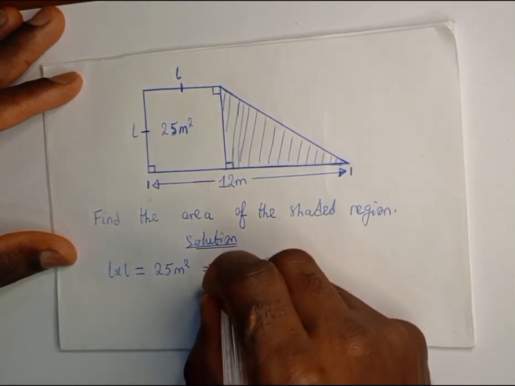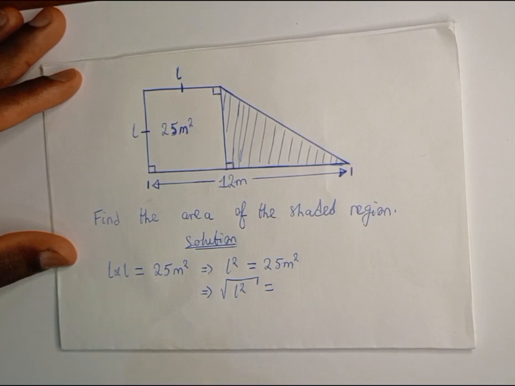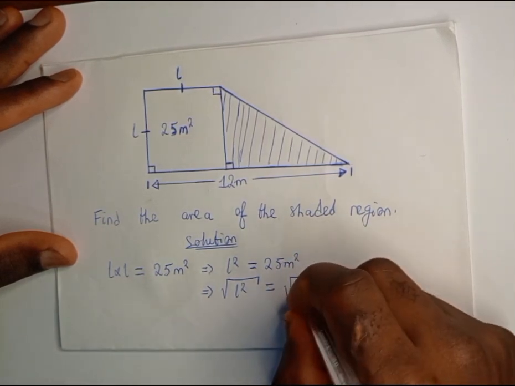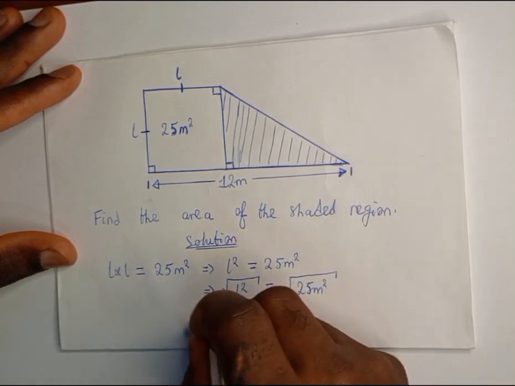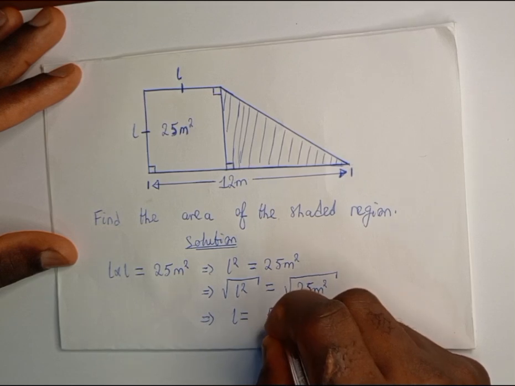Then, taking square root on both sides, this will give us the square root of L squared to be equal to the square root of 25 meters squared. Then, L will simply be equal to 5 meters.